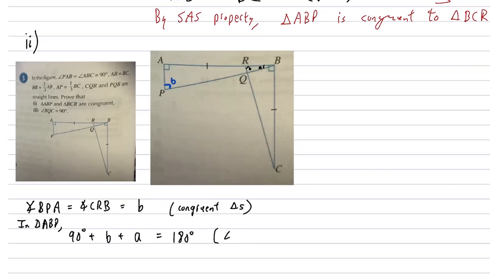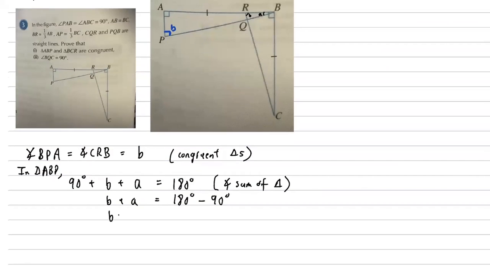This is angle sum of triangle. Or sum of interior angles of a triangle. Then from there, we can conclude that B plus A must be equal to 180 degrees minus 90 degrees, just a bit of algebra. Which means that B plus A must be equal to 90 degrees. Okay, good. So let's just call this equation one.